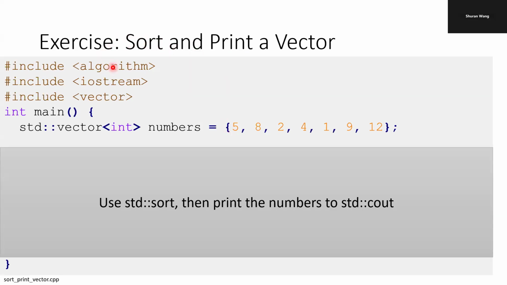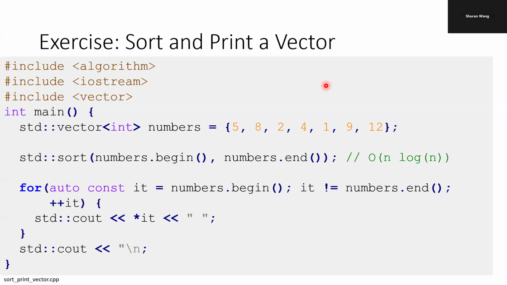Now, if we want to sort and print a vector, then how should we call the sort function? Anyone? So we have the vector, and we then use directly std::sort(numbers.begin(), numbers.end()). And this will sort the numbers in ascending order by default.